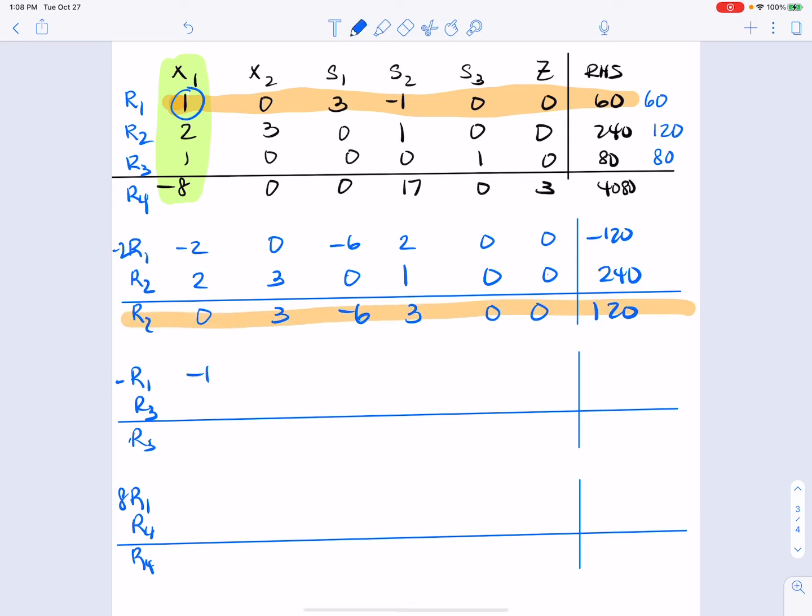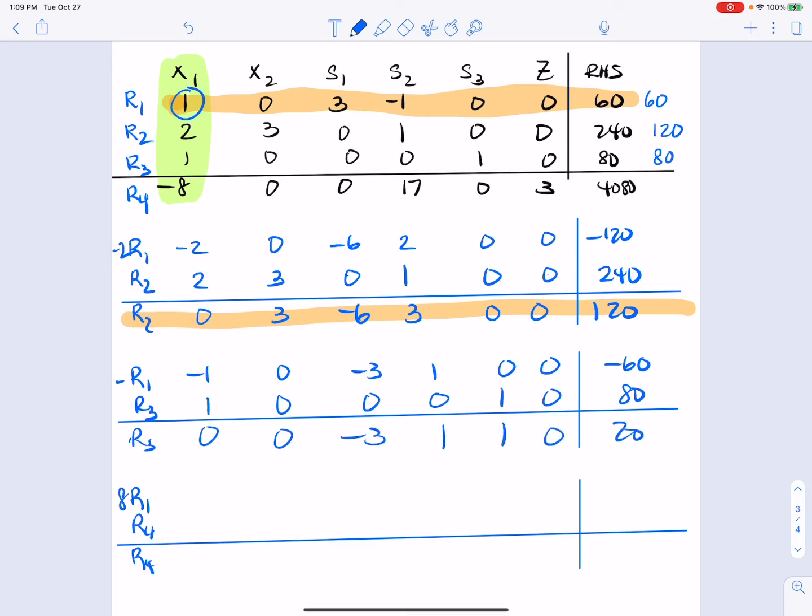Opposite of R1 is just flipping all the signs. R3. And then add. And then last but not least, 8R1. And then R4.